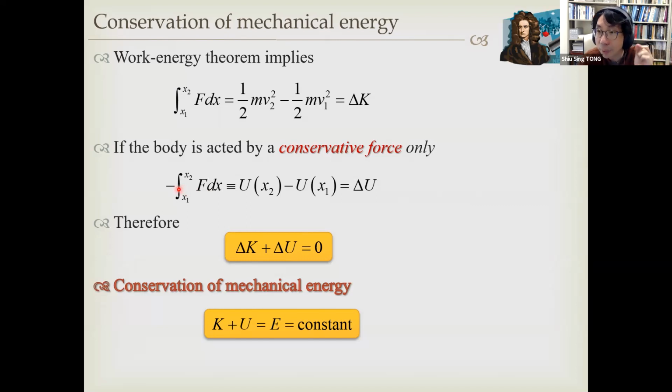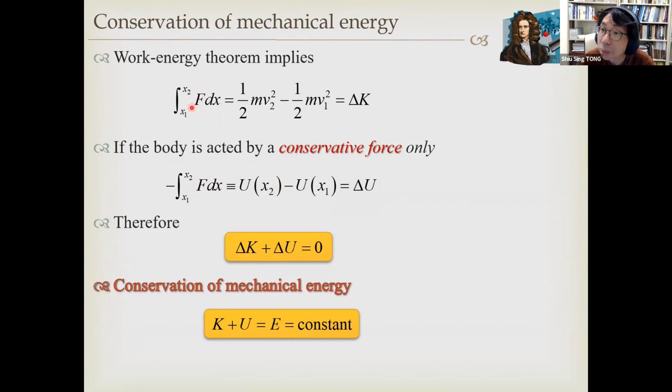According to our previous discussion, this integral will be equal to the difference in potential energy between the two points, U(x2) minus U(x1), the U at the final position minus the U at the initial position. That is the potential energy difference between the final and initial position. So I denote that by delta U.